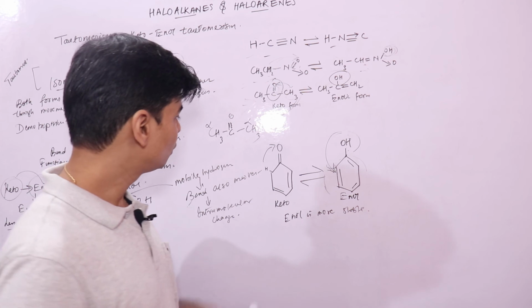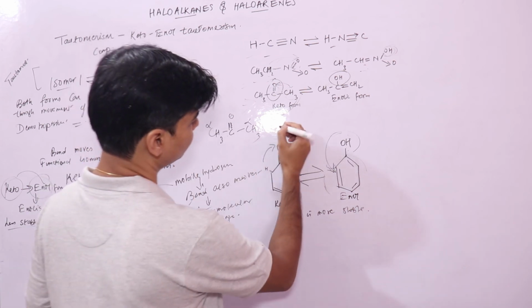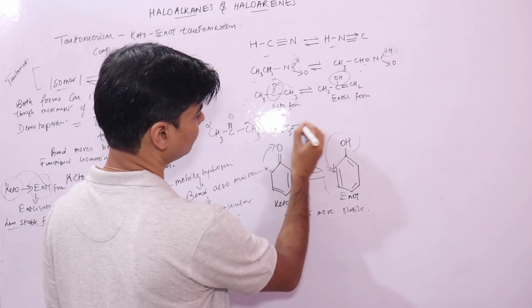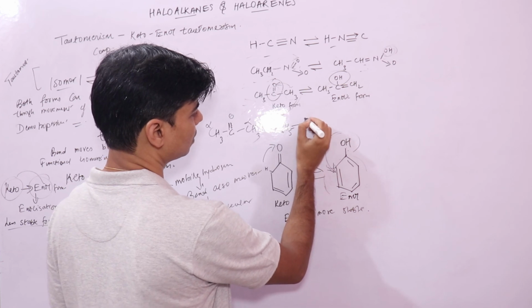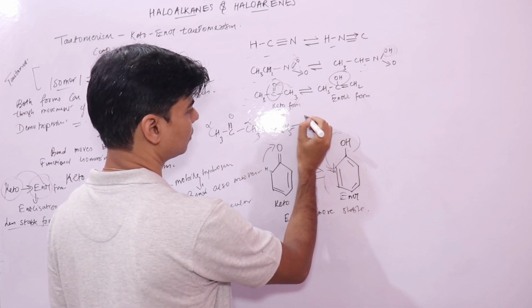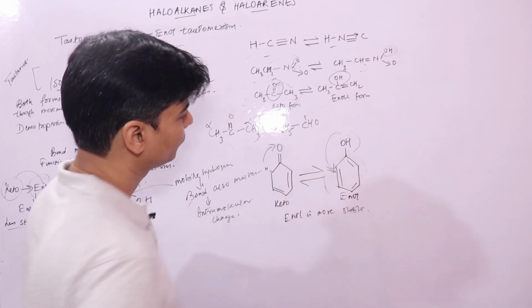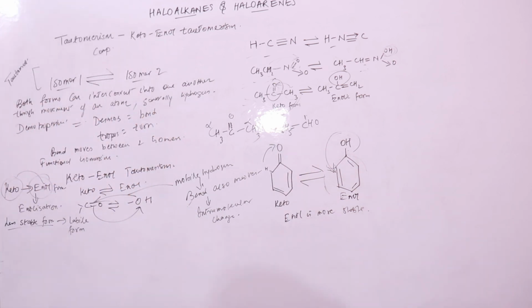So if you have, for example, C6H5CHO, this will not exhibit tautomerism. You need to have an alpha hydrogen. If you do not have an alpha hydrogen, keto-enol tautomerism does not exist.